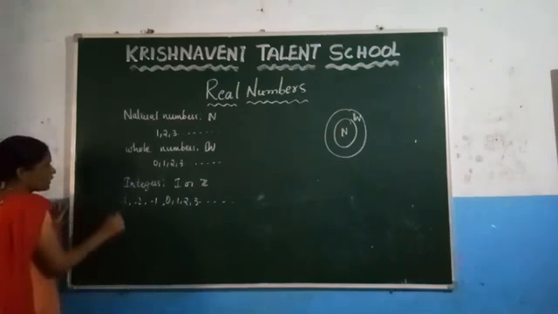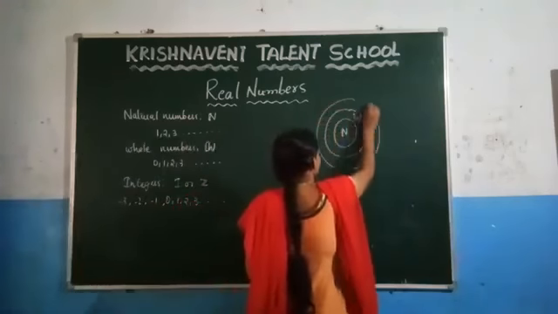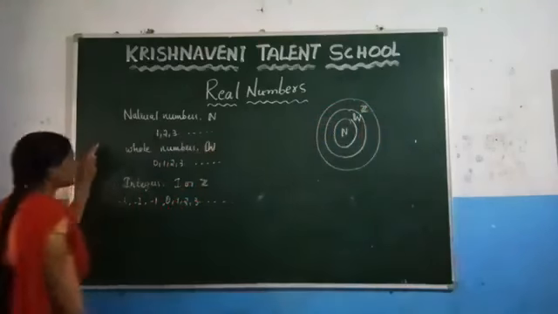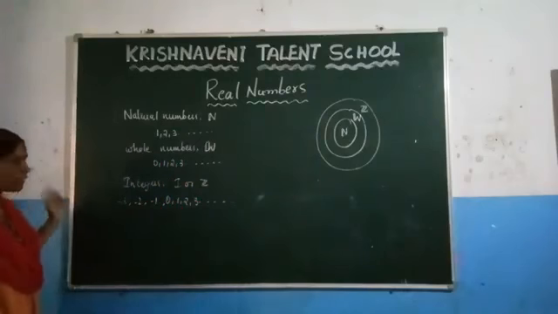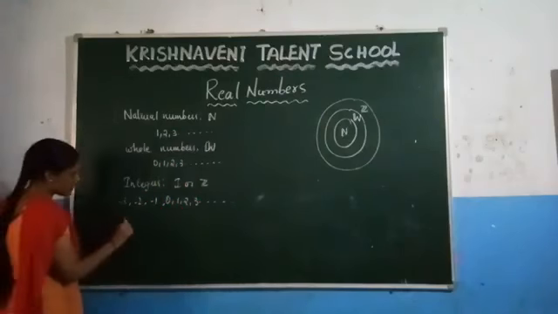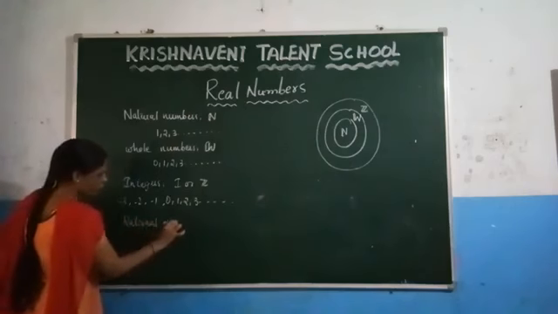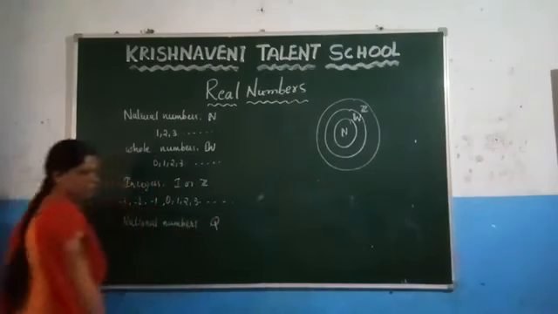So here the next number system is integers, and you already studied various properties of natural numbers, whole numbers and integers in the previous classes. And the next number system is rational numbers, and the rational numbers are denoted by the capital letter Q.